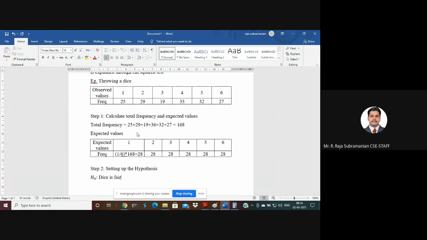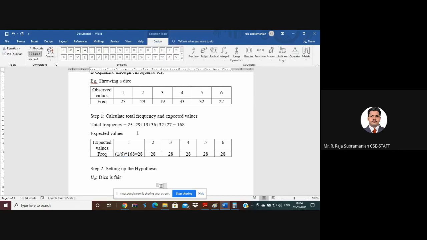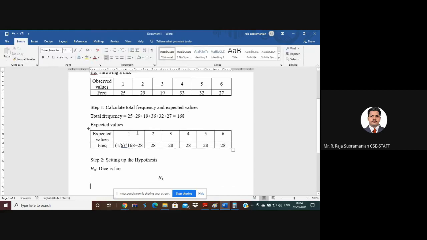That is my null hypothesis, denoted by H naught. And I'll denote the alternate hypothesis also, which states that the dice is unfair. Means it is biased, right? Now we need to say which hypothesis should be accepted.